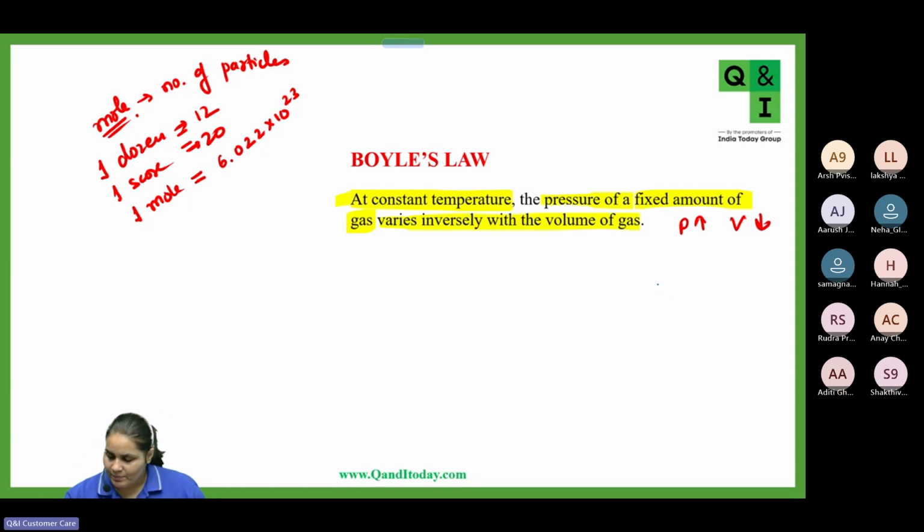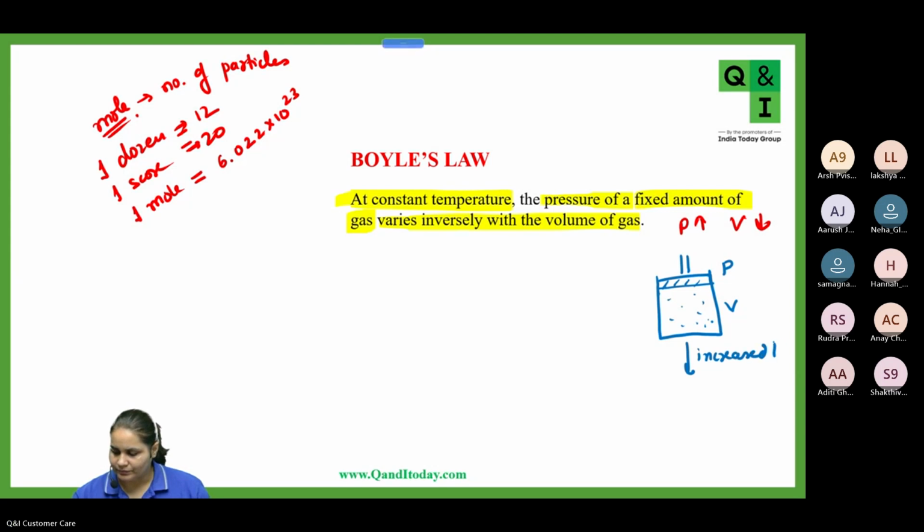Suppose I have a container, and a gas is there, and I'm saying its volume is V. And right now, the atmospheric pressure is applied on it. So I'm saying the pressure is P. Now, what have I done? I have taken a piston and increased the pressure to 2P.